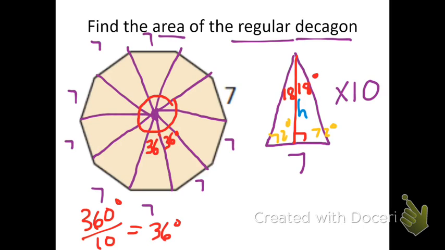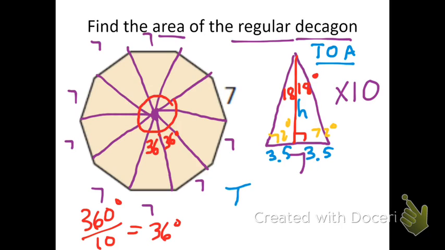So I'm going to do SOHCAHTOA, and I'm going to use tangent because whether I'm looking at 18 or 72 degrees, if I'm looking at 18, I know the opposite leg, and I'm looking for the adjacent leg. If I'm looking at 72, I'm looking for the opposite leg, and I'm given the adjacent leg. Either way, O and A means tangent, TOA, SOHCAHTOA.